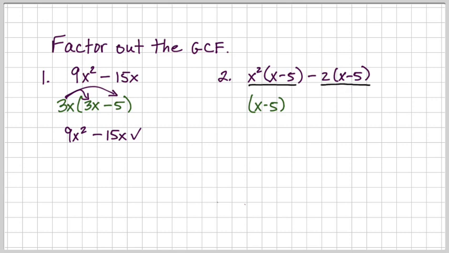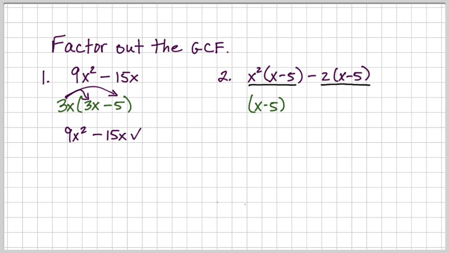Now, terms are separated by a plus or a minus sign, and terms are made up of products. So here we have x squared times x minus 5, and here we have a minus 2 times x minus 5, so you can see that in both terms you have x minus 5 times something. And so that is your greatest common factor.